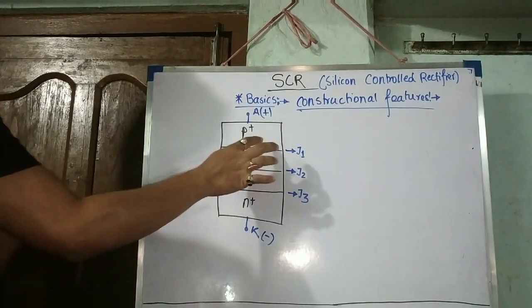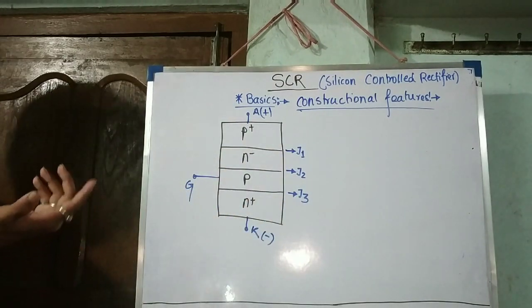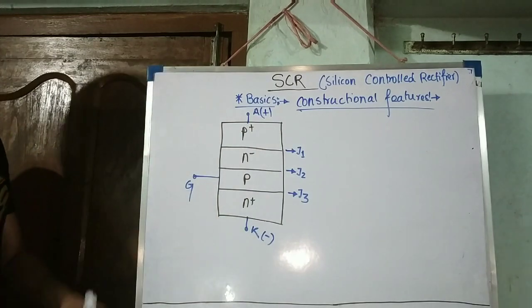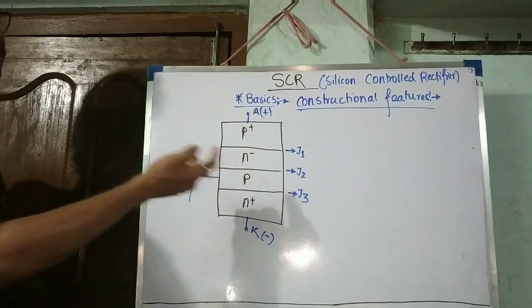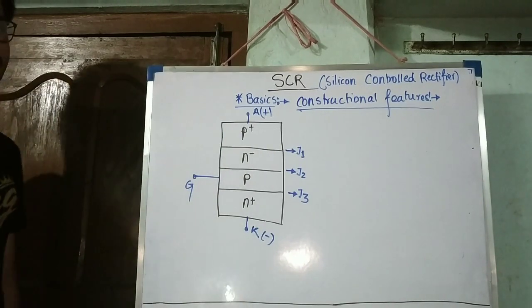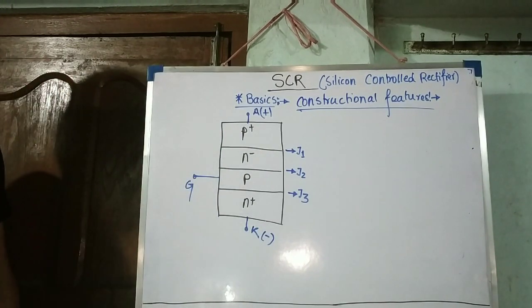So this is the basic construction, PNPN. You can say it's constructed like a PNP and NPN transistor connected. That's why it exhibits a constructional feature similar to a transistor.